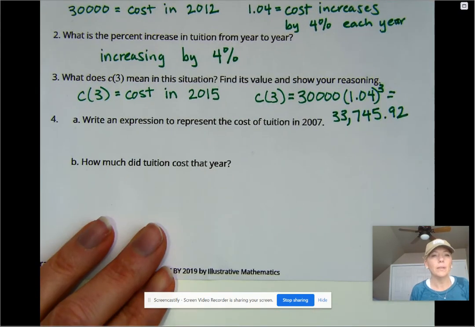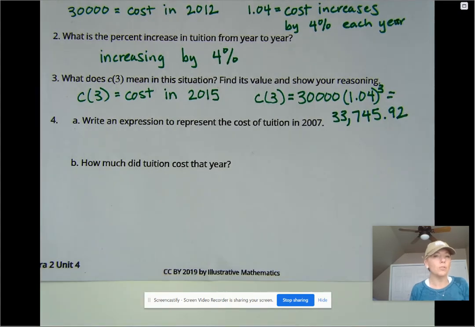Number 4, write an expression to represent the cost of tuition in 2007. So we have to think about, well, 2007 is actually before 2012.